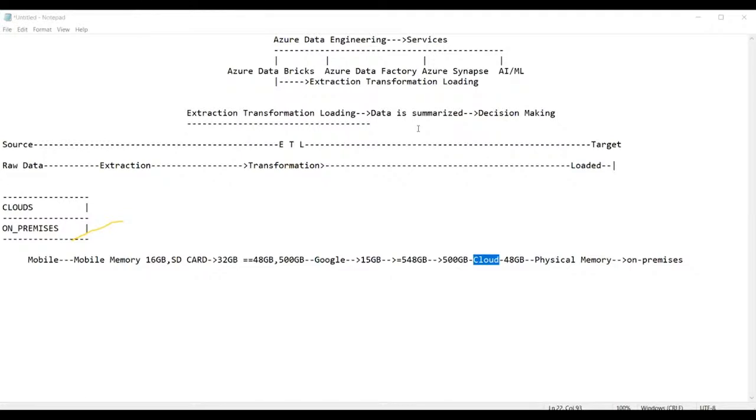Tell me now, guys. Yeah, of course. That means access is possible irrespective of location. So we can say that we can access this data stored in the Google Drive from anywhere in the world, without worrying about the physical location where my data is stored.